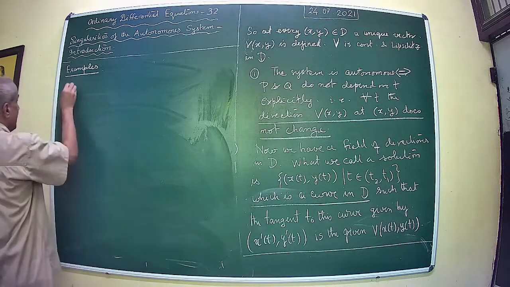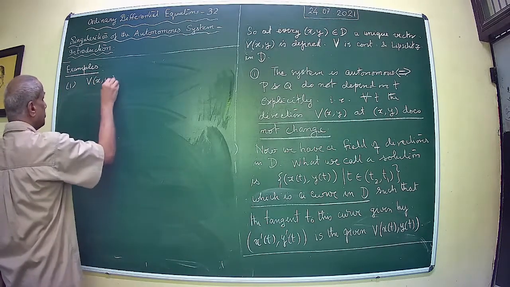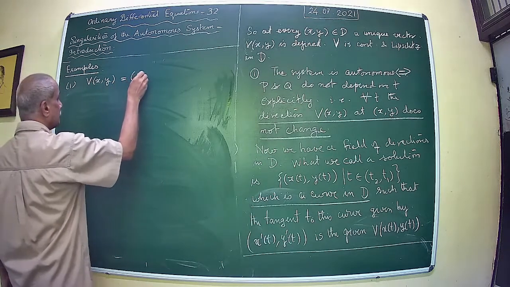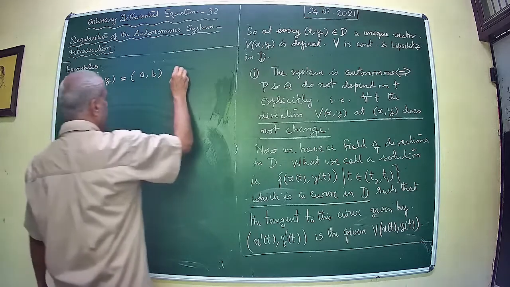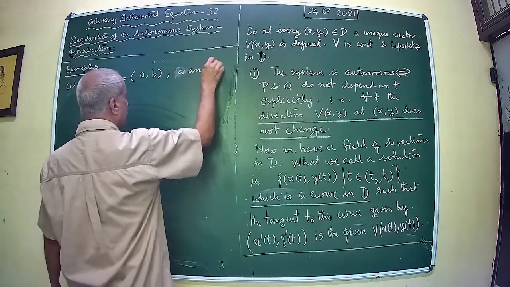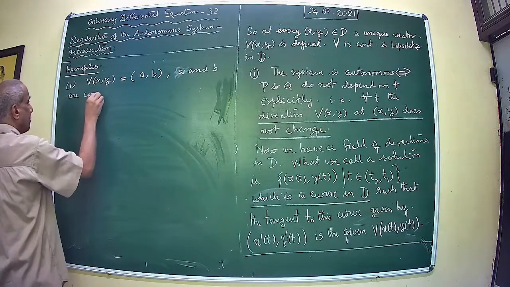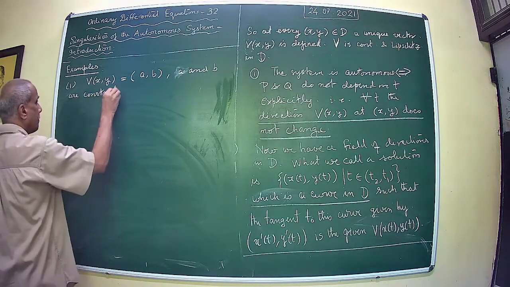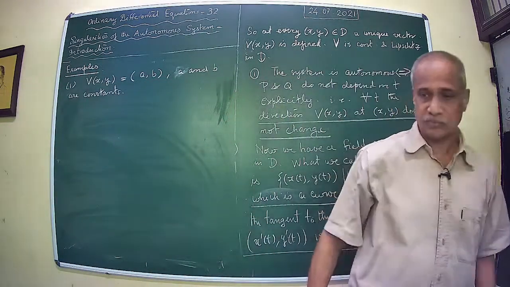First example is V = (a, b), where a and b are constants.